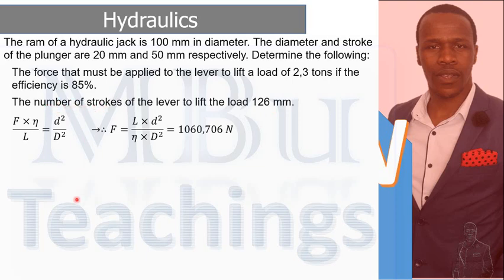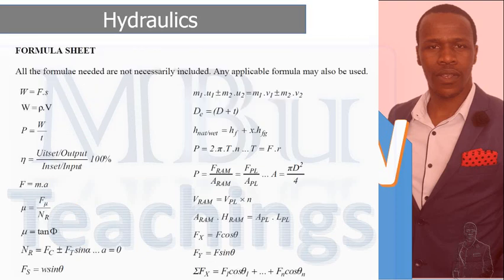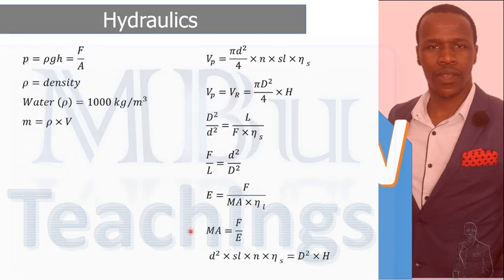Let's go and check our formula sheet. Always start from the one for the exams. Number of strokes. So this is the formula we can use for number of strokes, but obviously we cannot use it in this format. We need to manipulate it nicely. Okay, and here it's manipulated in a nice way. We can leave that efficiency for now. We can just use that one.